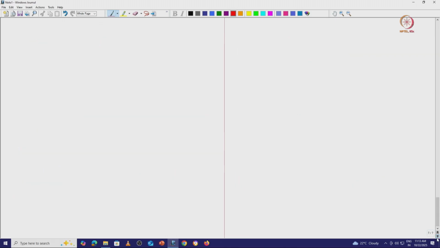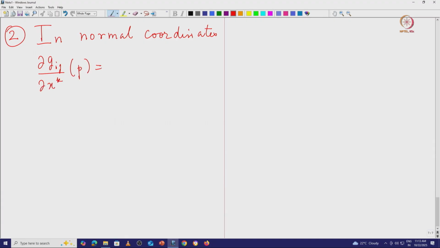Now let's see how things simplify if I'm using the normal coordinates. So now in normal coordinates, we have that at that point all of these are 0, and in fact because of this the Christoffel symbols are also 0 for all i, j, k.